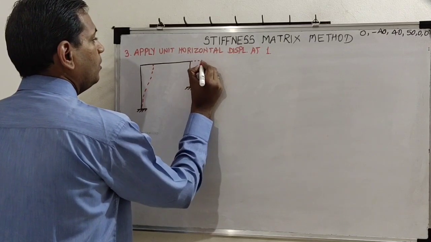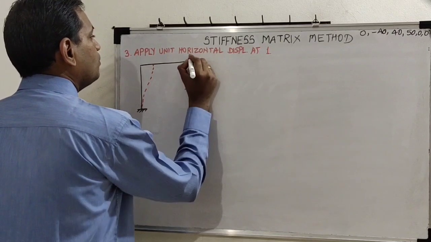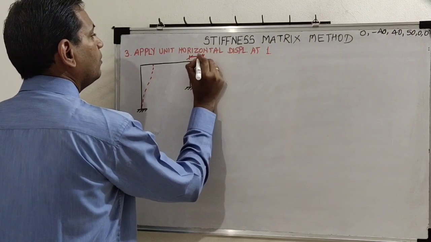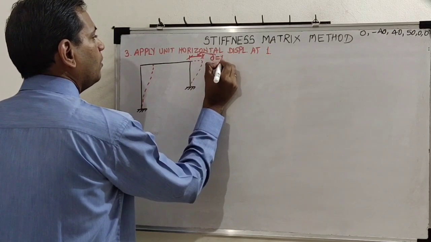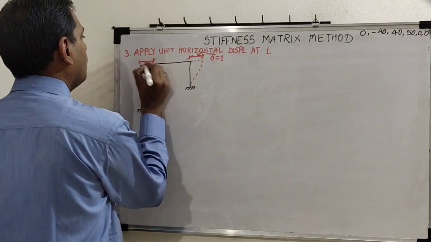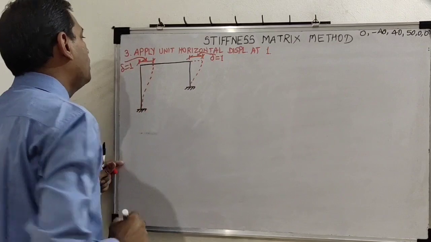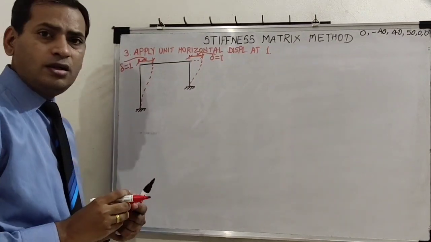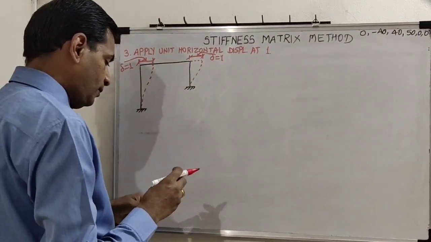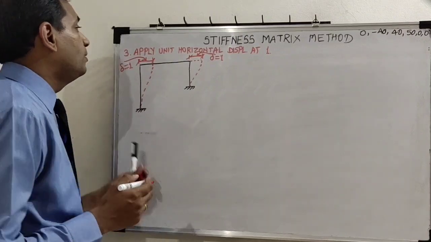So this value, delta, is 1. Now because of this one unit displacement, there will be moments induced.